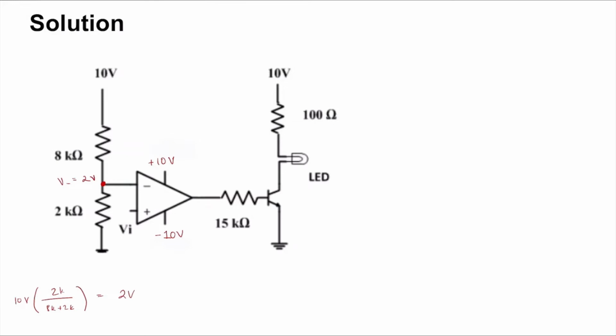The idea is that when Vi is greater than 2 volt, the voltage here will be 10 volt. And the voltage will be minus 10 when Vi is less than 2 volt.